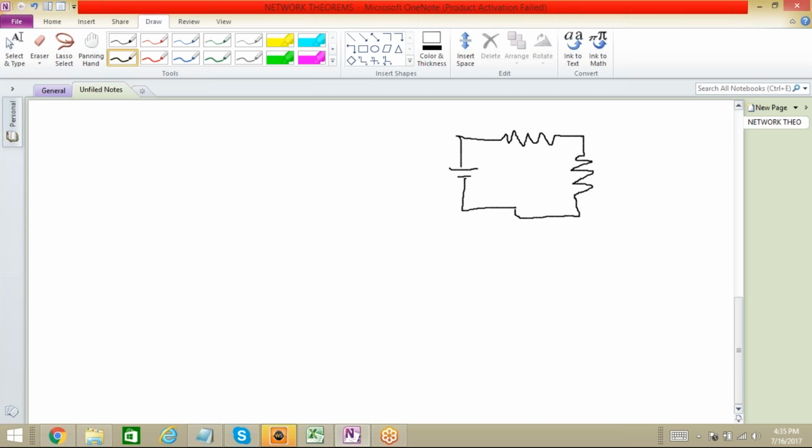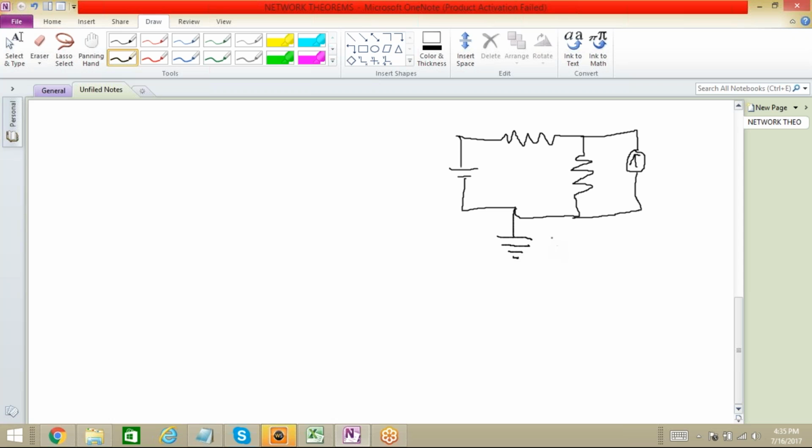Attached to this, we have one current source, and here we have just connected it to ground.